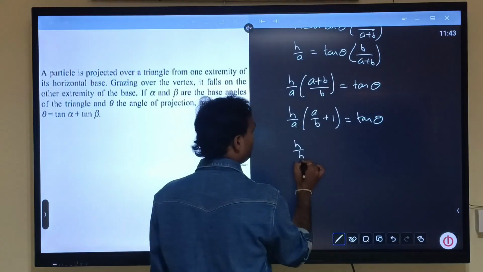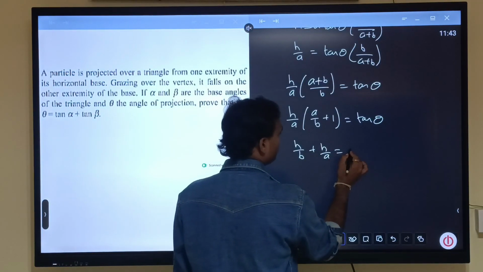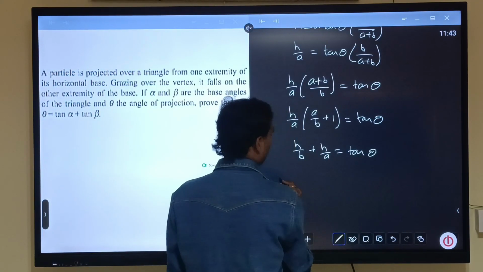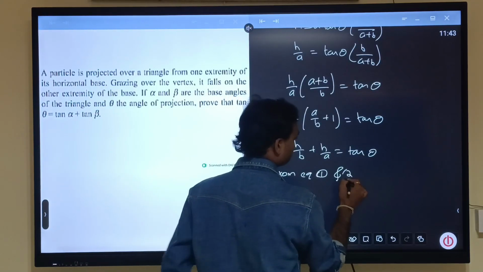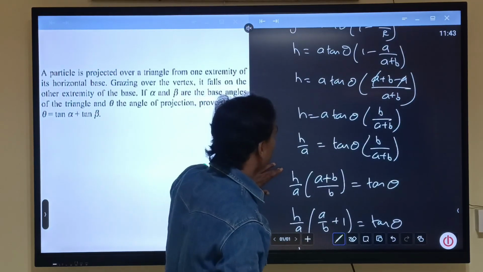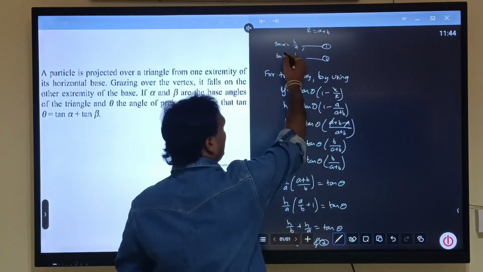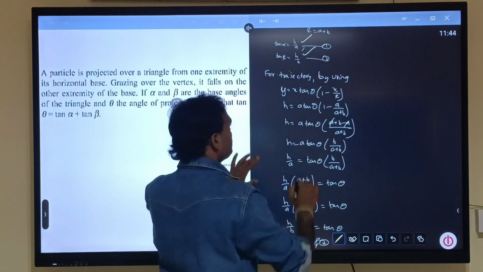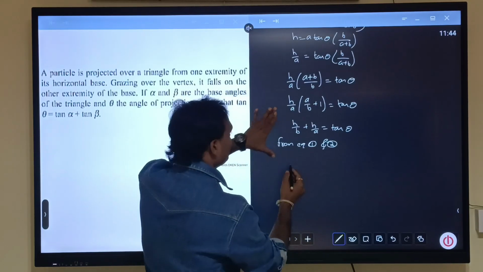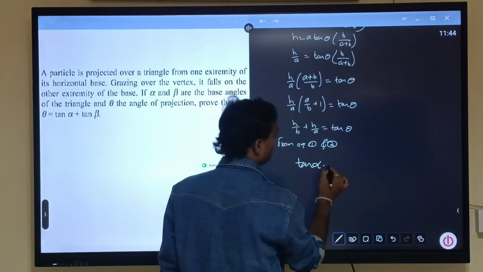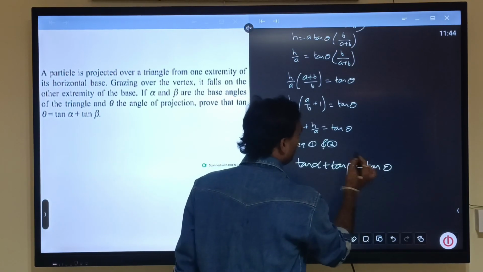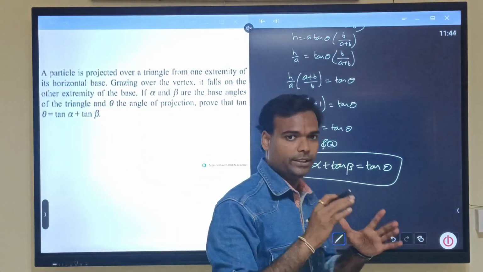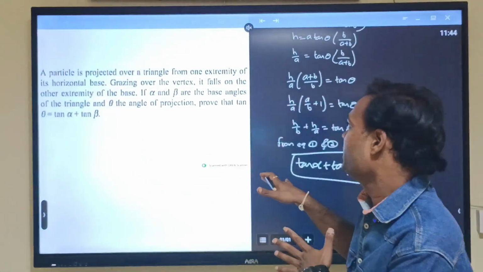Now from equations 1 and 2, we represented tan alpha is equal to h by a, tan beta is equal to h by b. So we can write it as tan alpha plus tan beta is equal to tan theta. And this is what they are asking us to prove. So I have proved that, right?